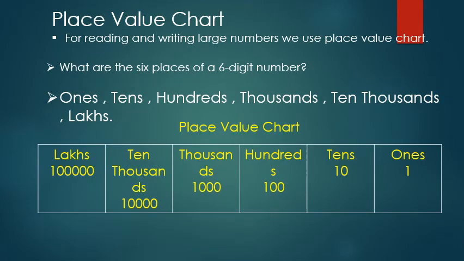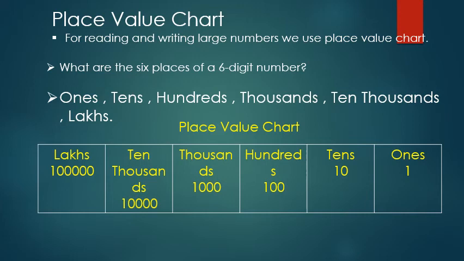This is place value chart. You know that for reading and writing large numbers, we use place value chart. For 6-digit number, you know the places of 6-digit numbers are ones, tens, hundreds, thousands, 10,000 and lakhs.